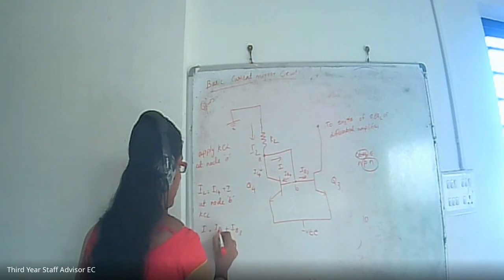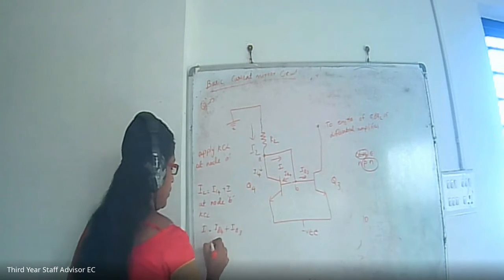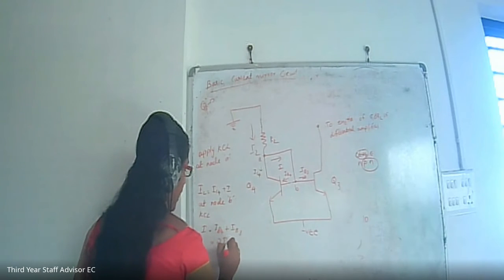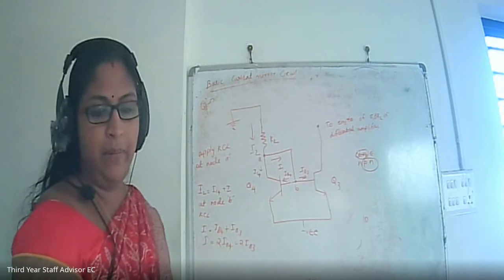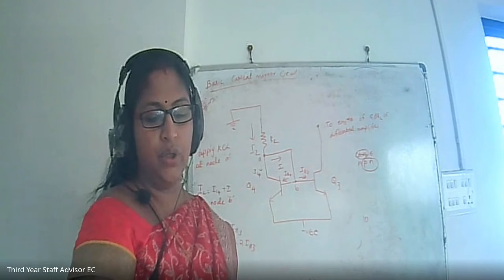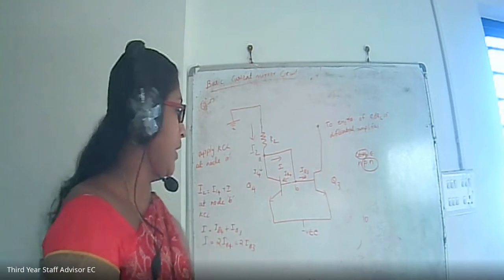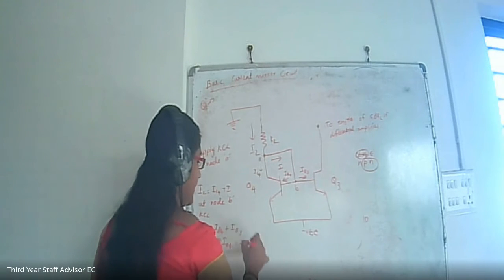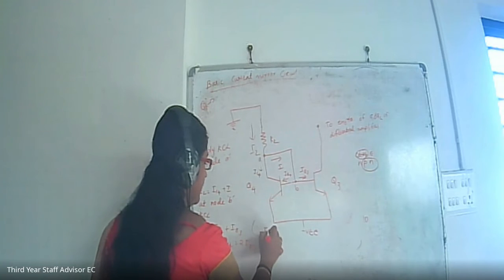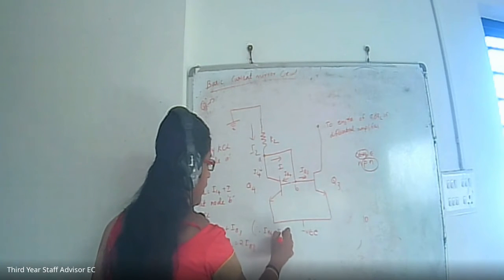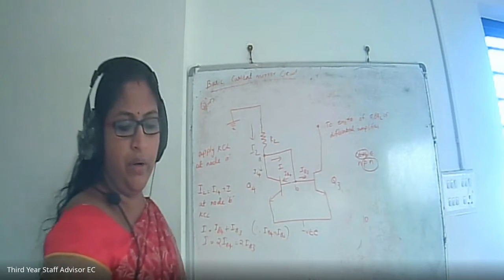So IB4 equals IB3. So we can write I equal to 2IB4, or else 2IB3. What is the reason? Because IB4 is equal to IB3.